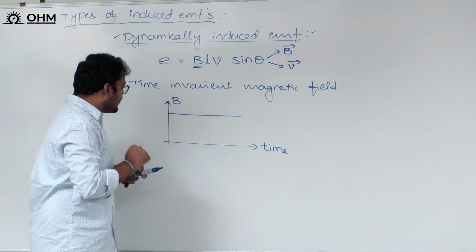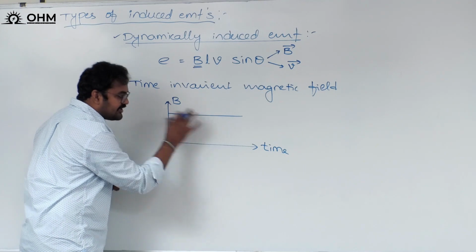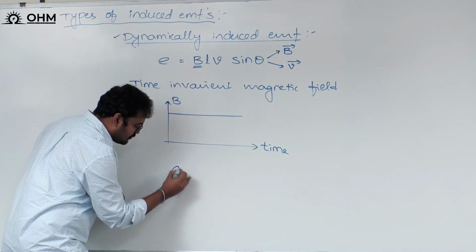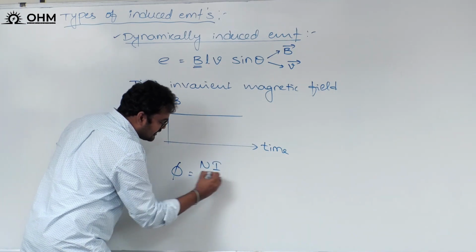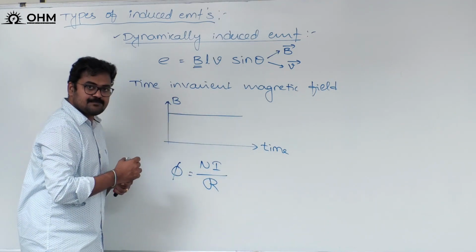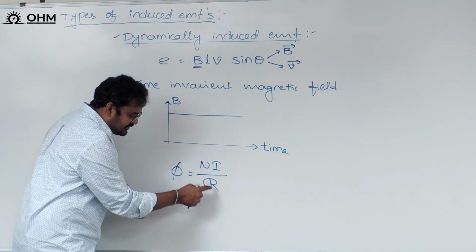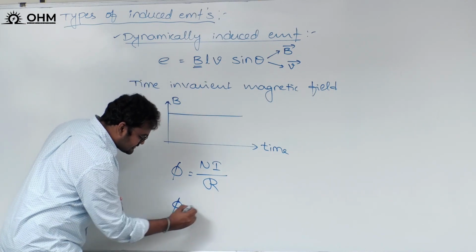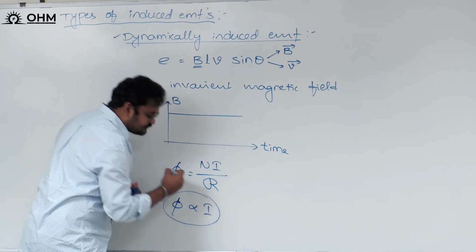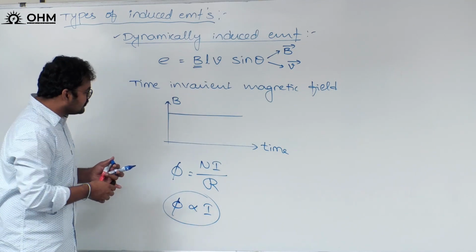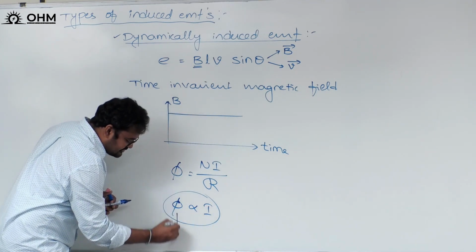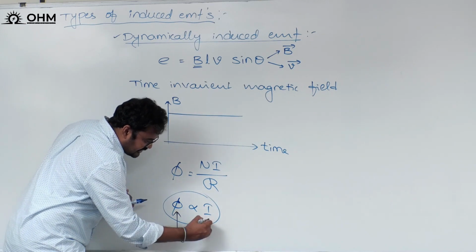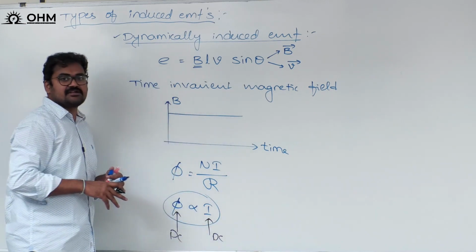Now, how to create a time invariant field? Very simple. As we know, flux is equal to MMF divided by reluctance. For a given number of turns and a given reluctance of the magnetic flux path, flux is directly proportional to current. If we want to create a DC flux which is time invariant in nature, indirectly we need DC current excitation.